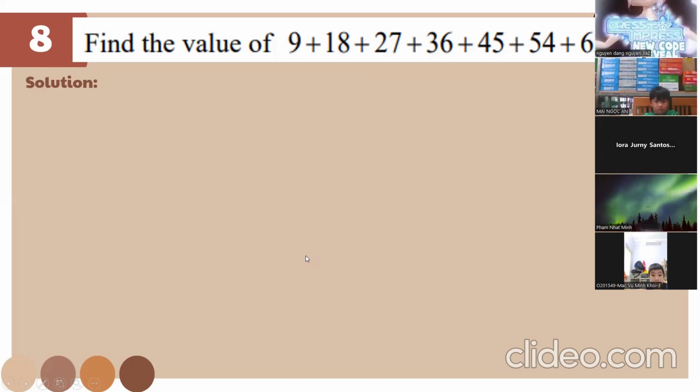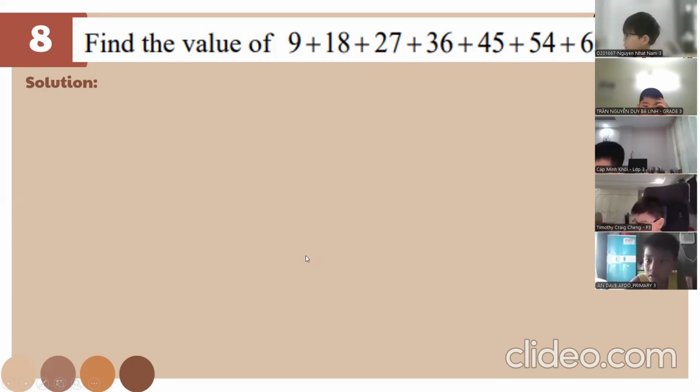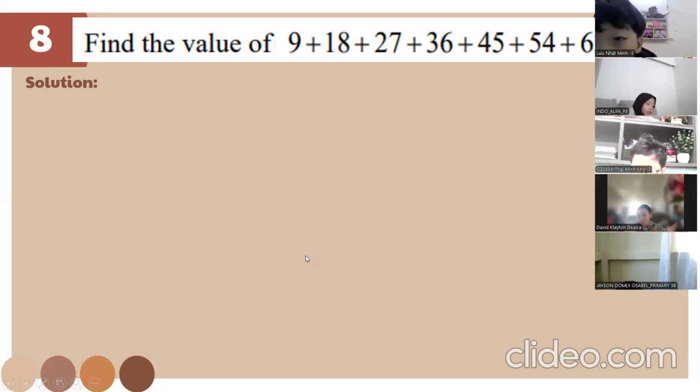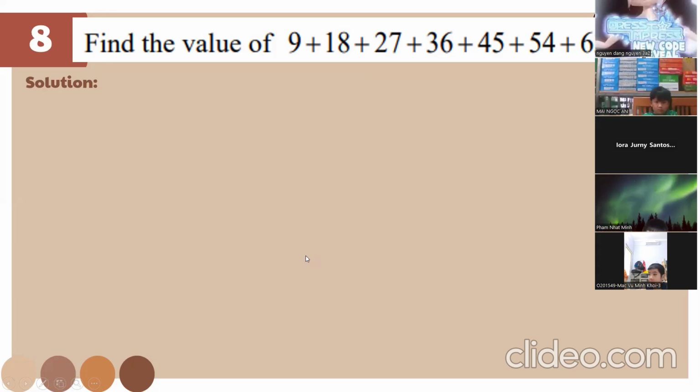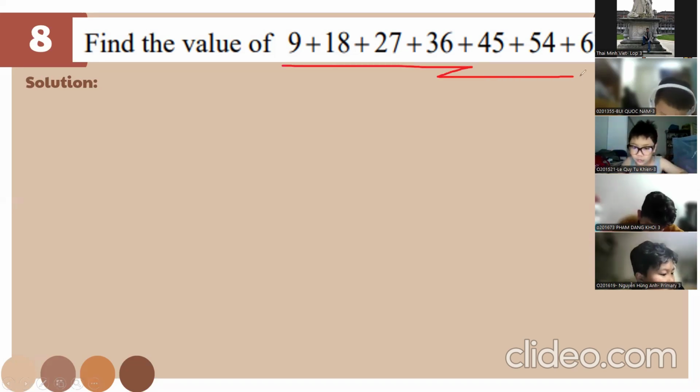Mr. Vince, the question 8... 52. Okay, very good. But I'll just show the solution, okay? For this one, you can just add this right away. Class, you need to mute yourself first so that I know you won't disrupt the class.